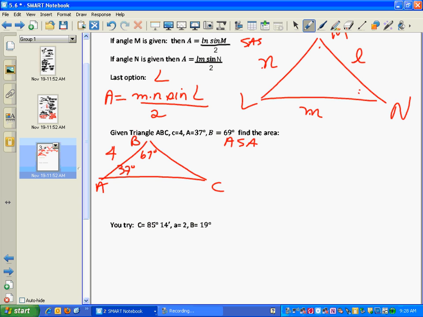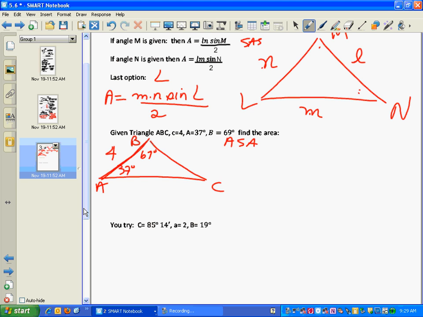Okay. So you can use the law of sines to find a missing side length, or we can just go through the same process again, finding out your height. Doesn't really matter. If you're going to find the height, you want to make sure that you don't divide out your side, that you drop your height from one of the vertices, making sure that you keep an angle fully in there.